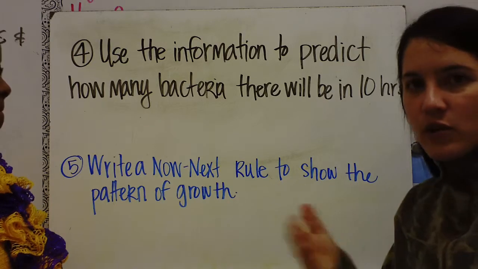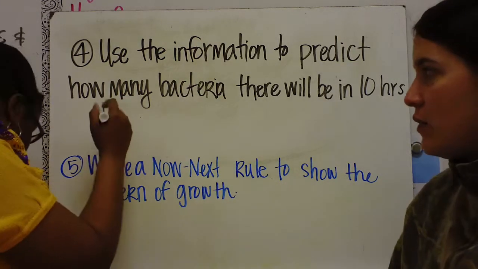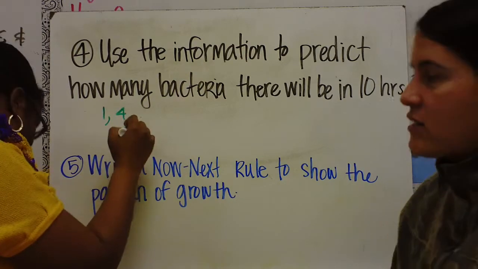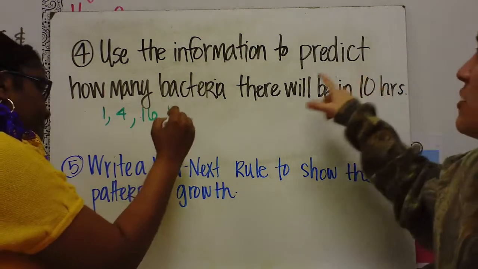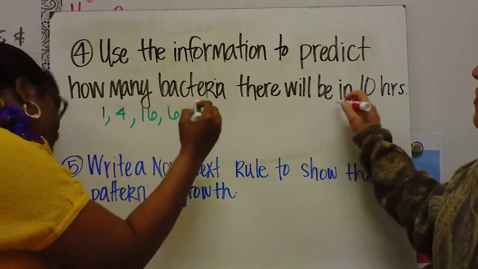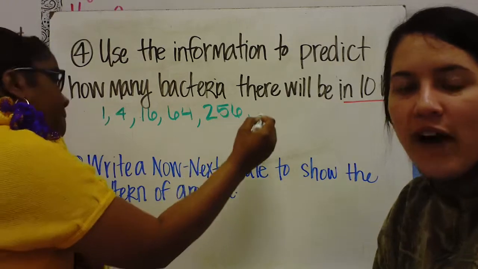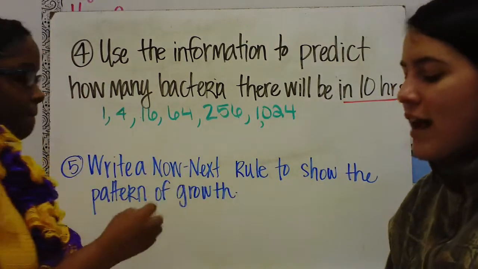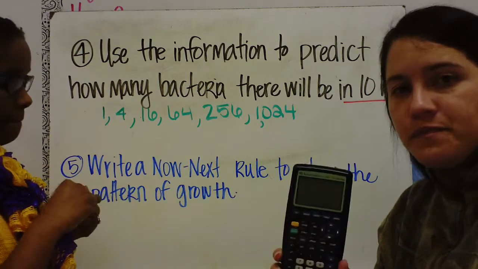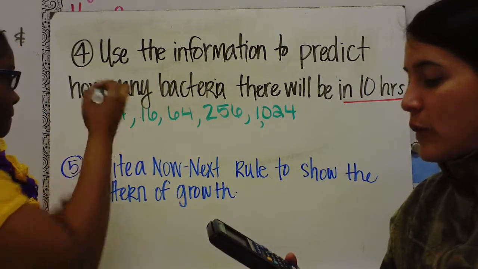You still have your table in front of you, and so we will sometimes look back at our table, and Ms. Barnes, I think, is going to write the sequence down for us. So number 4, use the information to predict how many bacterium there will be in 10 hours. The table only went up to hour 5, and we've been practicing this in class, so for right now, we're going to use our calculator, and we're going to keep multiplying by 4 until we get to 10 hours.